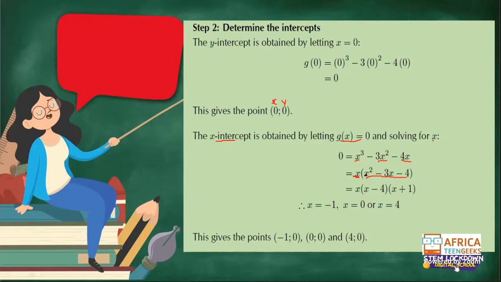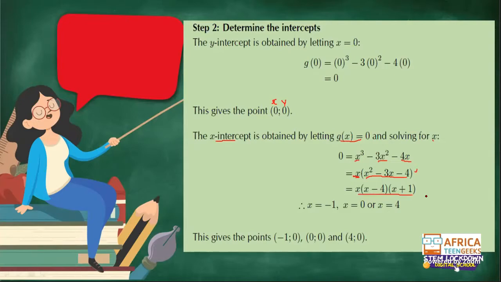And then after that, you do what? You factorize. Remember, if you can't easily factorize by inspection, then you need to use your quadratic formula. Okay, but in this case, it was easy to solve by inspection.